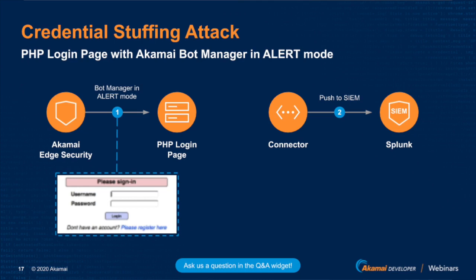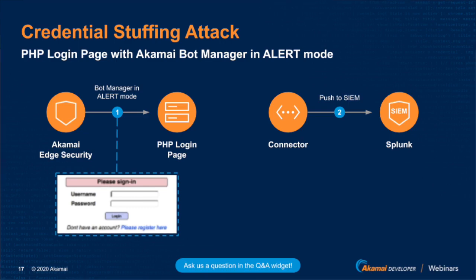It's in alert mode, but if we deny it, all of them will be denied. So for the sake of visibility, I'm letting the attack go all the way from the client through Akamai to the origin. Without any further delay, let me start the demonstration.